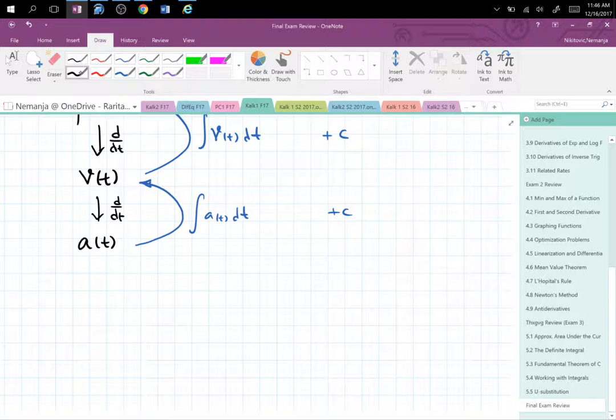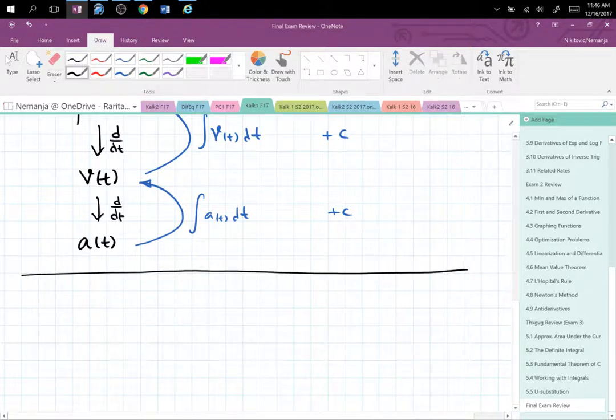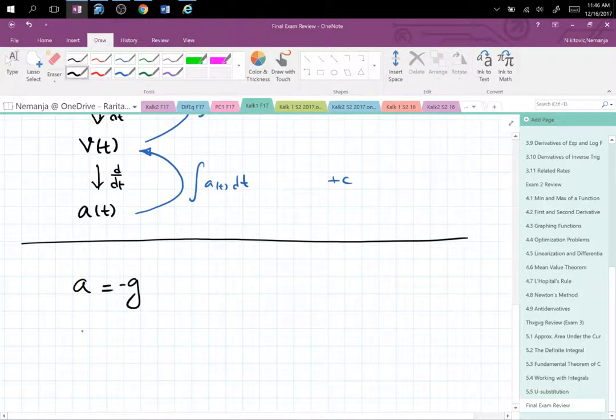So I know that I derived in class, if you start with your acceleration of gravity, right? A equals negative g. And then I said, you write a as a change in velocity over change in time, because that's what acceleration is.